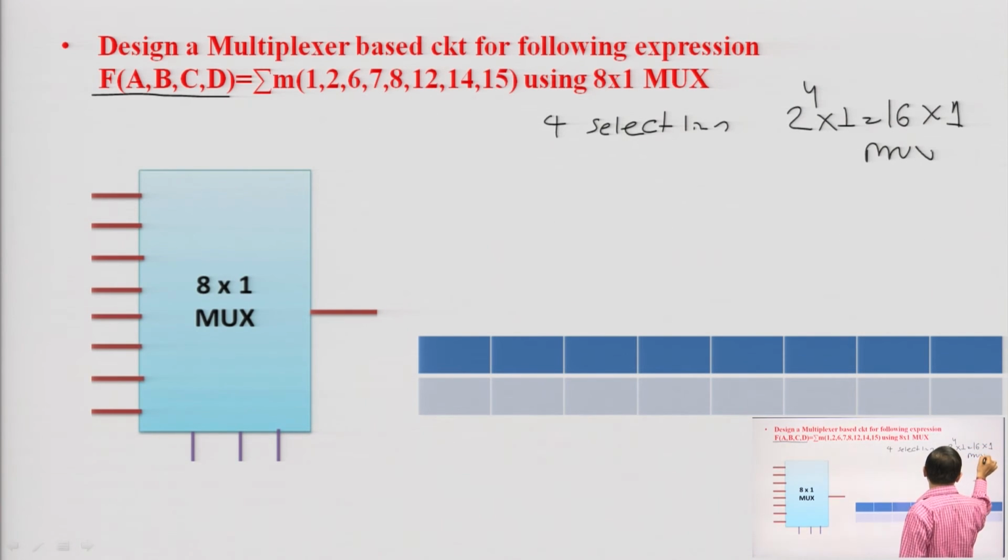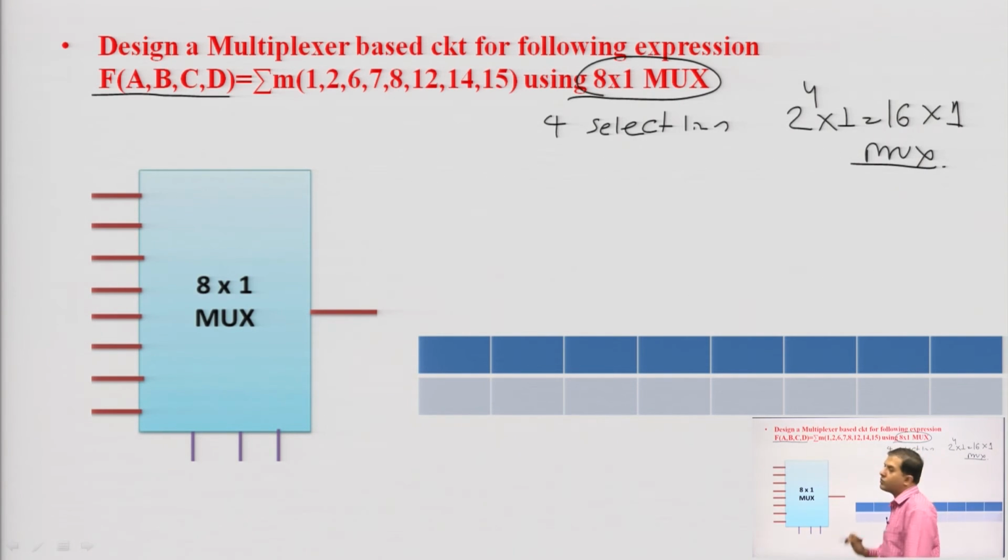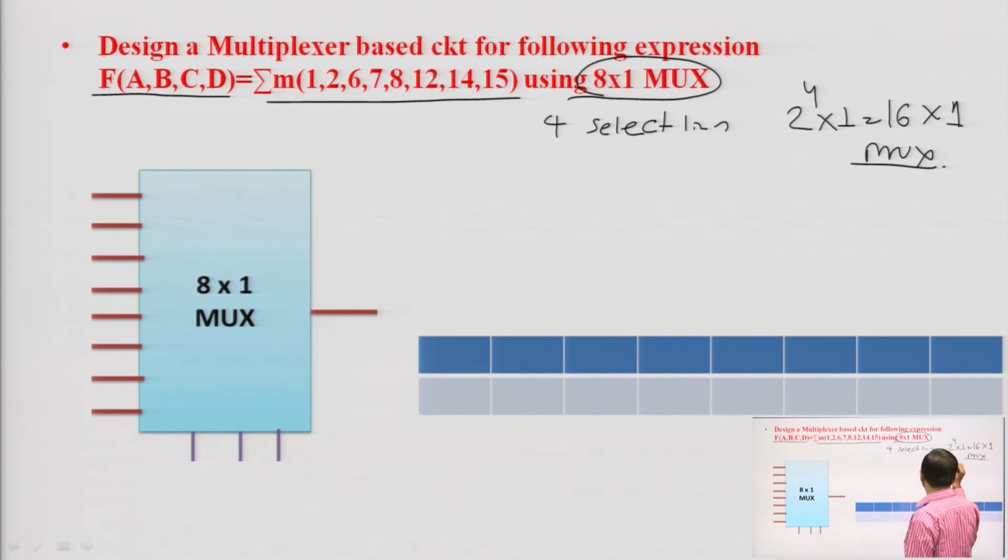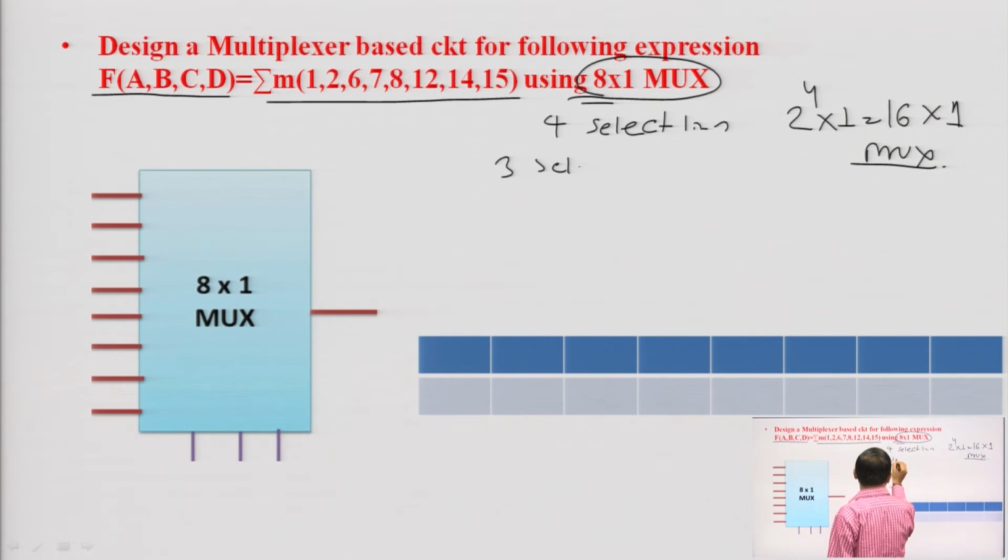But here you have to implement it using an 8 cross 1 mux, which means a bigger mux has to be implemented using a smaller mux, right. In that type of problem we have to do some modifications. See here the maximum number is 15, so you can understand that it could be implemented by a 16 cross 1 mux, but here we have an 8 cross 1 mux, which means 3 select lines.